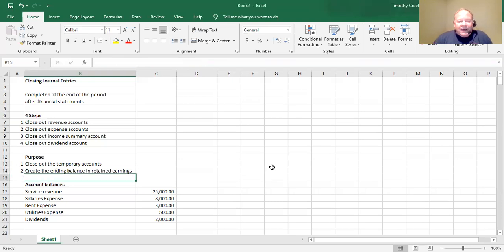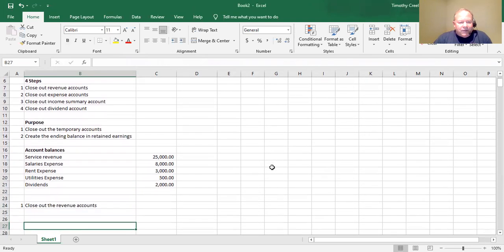So I got a real basic example here, but this will work. Got a few account balances here: service revenues, salaries expense, rent expense, utilities expense, and dividends. So the first step is we want to close out all the revenue accounts. Now, whenever you want to close out an account to zero, you want to look at what's the normal balance in that account, and you want to book an entry to that account that's just the opposite of the balance that's in the account.